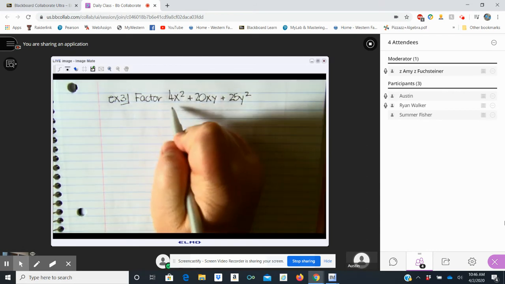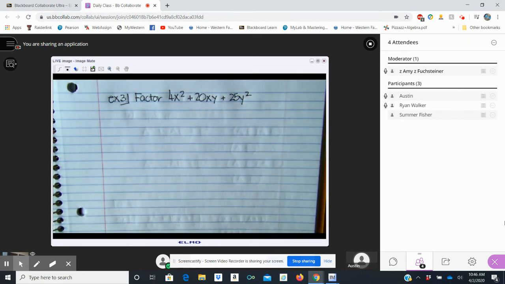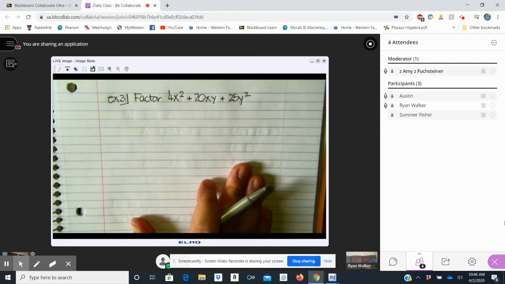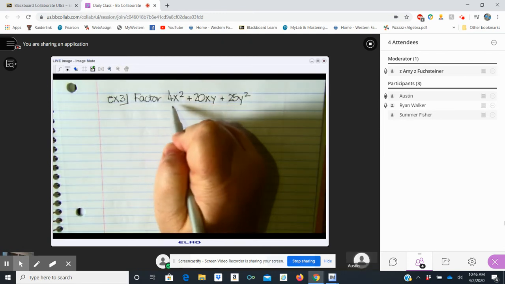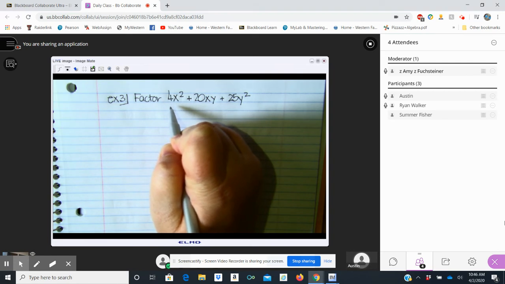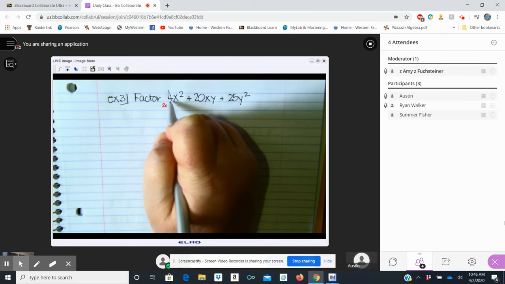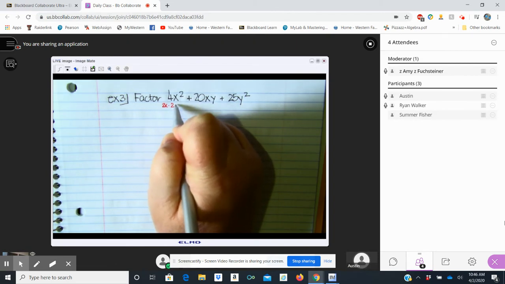So, is 4x squared a perfect square? Is 4 a perfect square? Yeah. So to get 4x squared, I could do 2x times 2x.